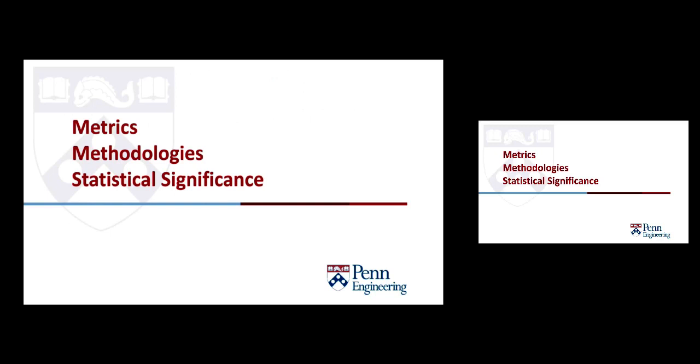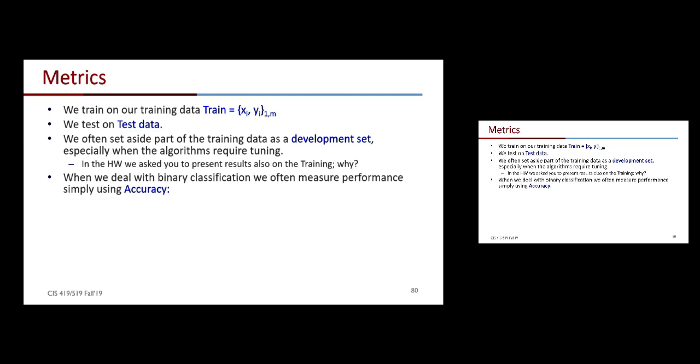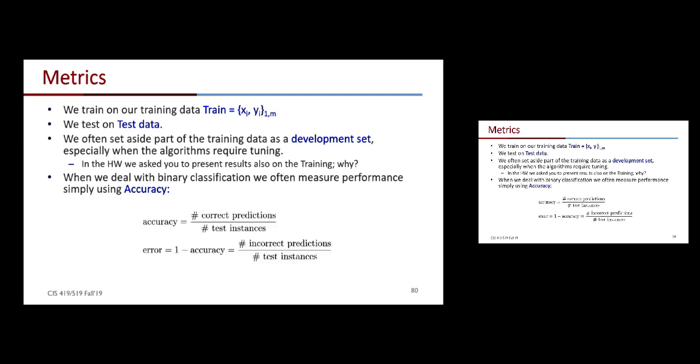Okay, so once we have this, how do we measure performance? We train on the training data, we test on test data, we have this development set. We want to have some metrics. The basic metric that we deal with is accuracy. We talked about it before. What is accuracy? Basically, the number of correct predictions divided by the number of test instances.